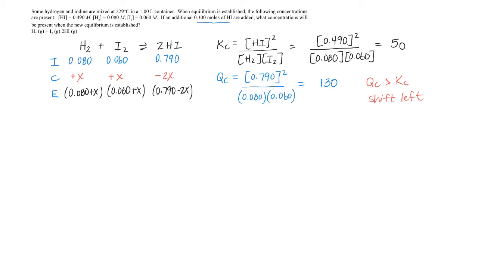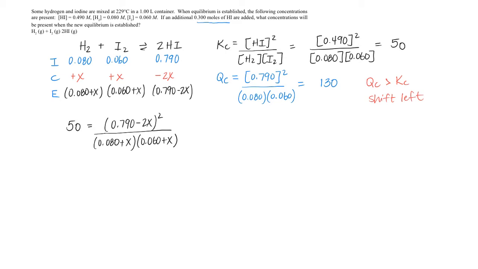To solve for x, we plug in our equilibrium concentrations into the expression for Kc. Kc is 50, and that will equal (0.790 minus 2x) squared for the concentration of HI over (0.080 plus x), the concentration of H2, times (0.060 plus x), which is the concentration of I2.